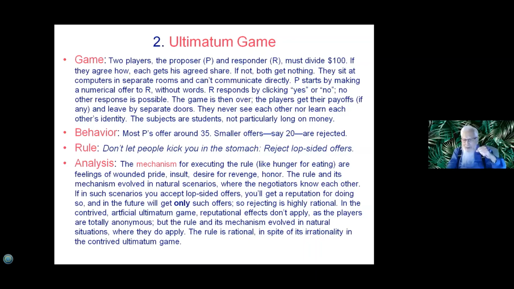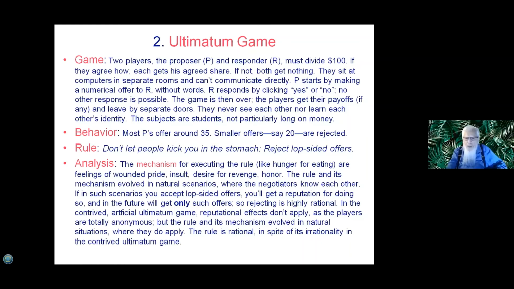But actually, those things lead to rejecting lopsided offers, and rejecting is highly rational in this case because of the reputational effects. In the contrived artificial ultimatum game, reputational effects don't apply. As the players are totally anonymous, they leave by different doors, they never saw each other, they're never going to see each other, they sit in separate rooms.